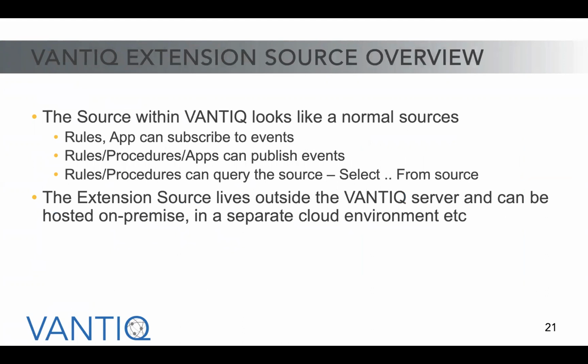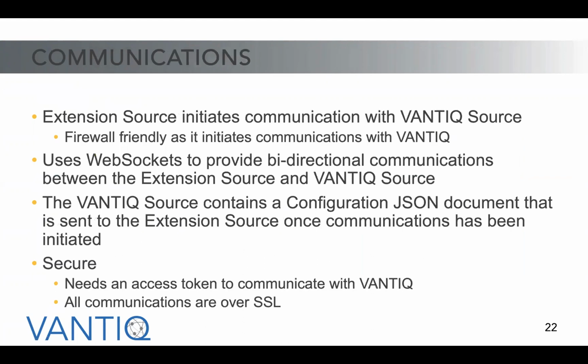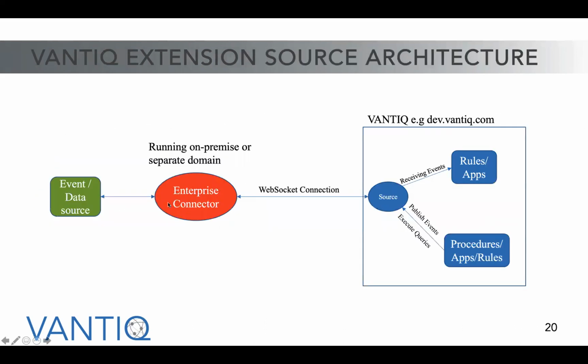What I was saying, you could have extension sources running on premises, and these extension sources initiate the communication with Vantiq. So instead of you having to ask a customer to open a port to connect directly to a database, when you have the extension source, this extension source will run on premises, connecting to the data and connecting to Vantiq. So this is a bidirectional connection.